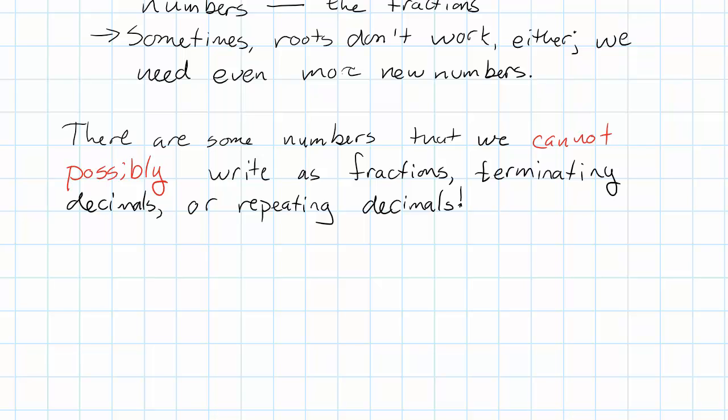Alright, I don't expect you to take my word for this. But before I show you one of these numbers, let me tell you something about square roots and see if I can convince you that it's true.